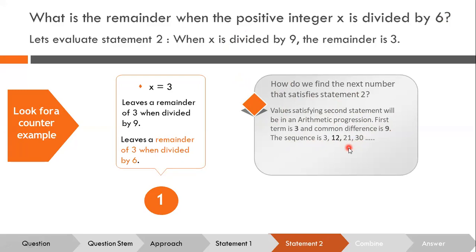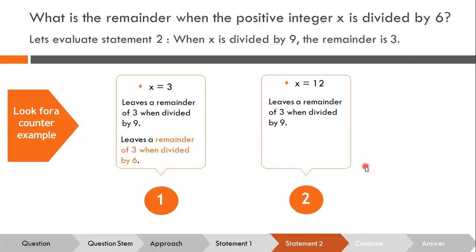Out of these numbers, once again 12 is there. If you divide this 12 by 9, as we have done over here, we get the same remainder, but here that will give us a 0 remainder. So let's find out the remainder when x is 12. This is when you put in the counter example.